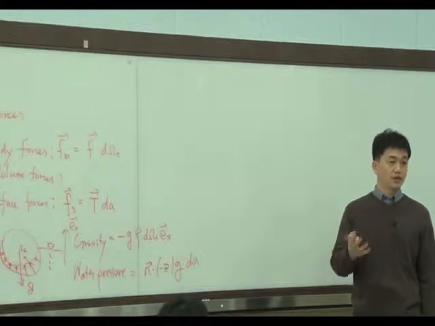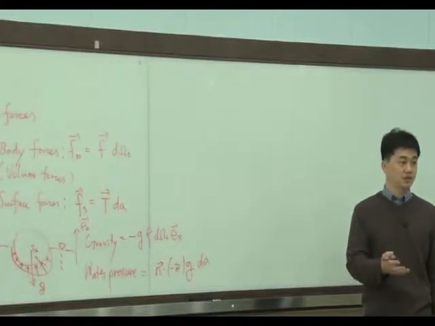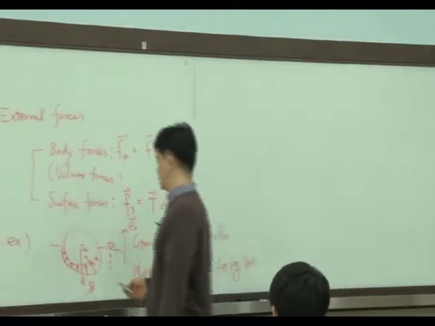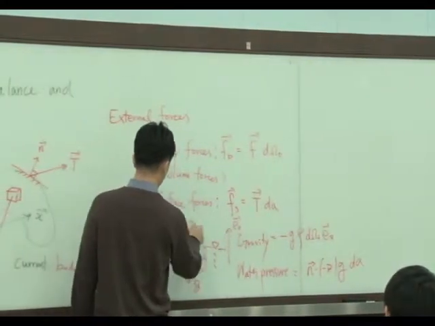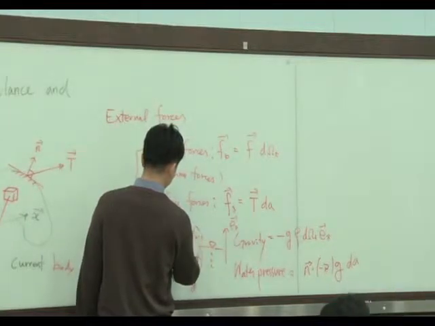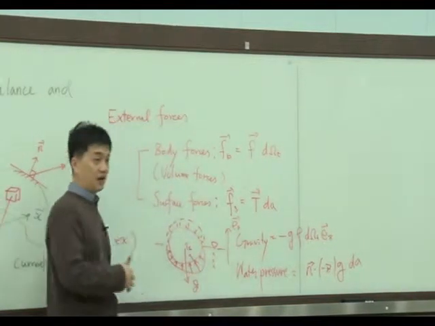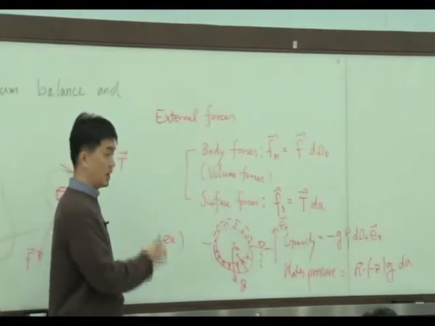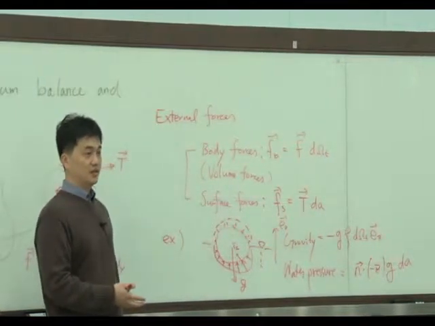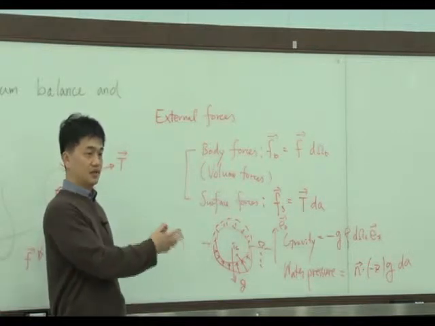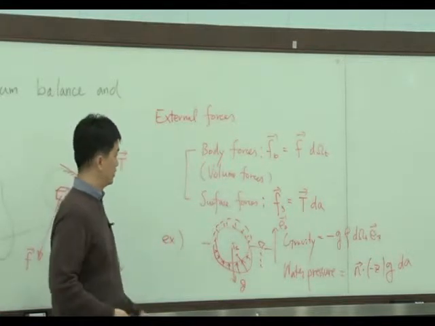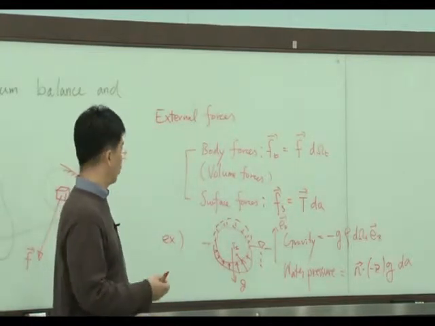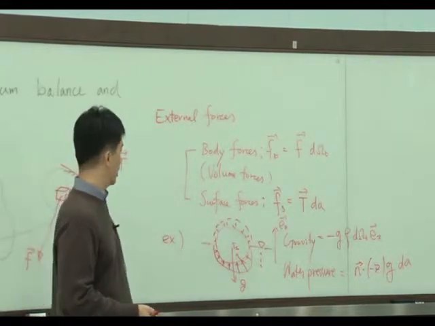Some of the water pressure gives us buoyancy, right? And actually there is also air pressure here. So air pressure and water pressure and gravity are applied on this floating structure. So water pressure and air pressure are examples of surface force.